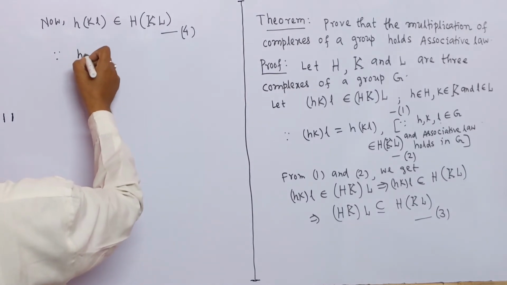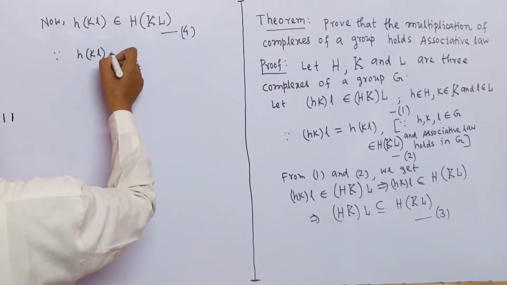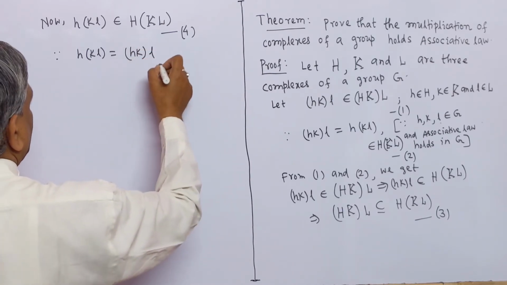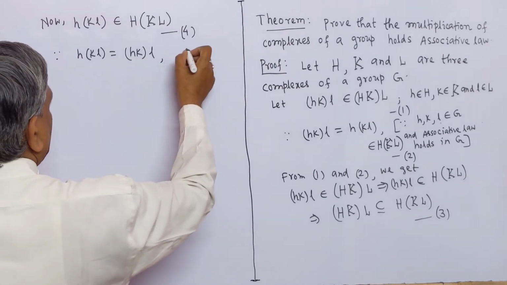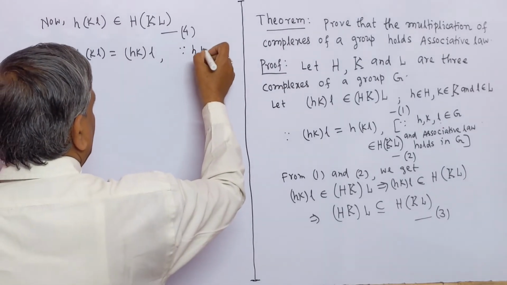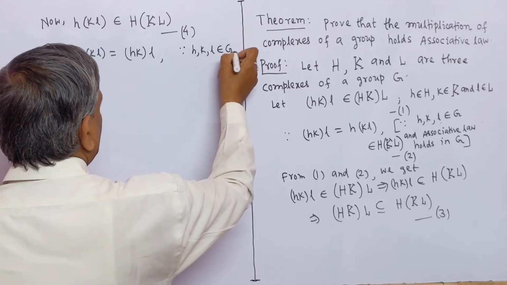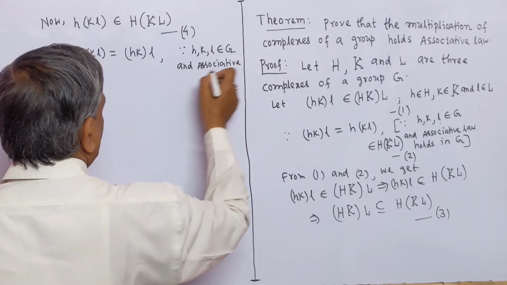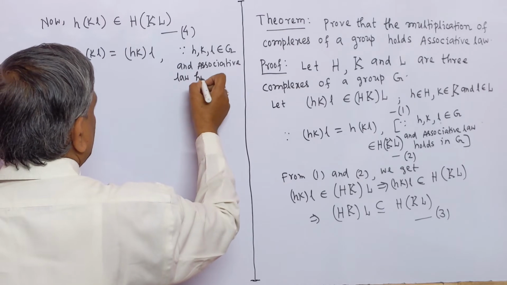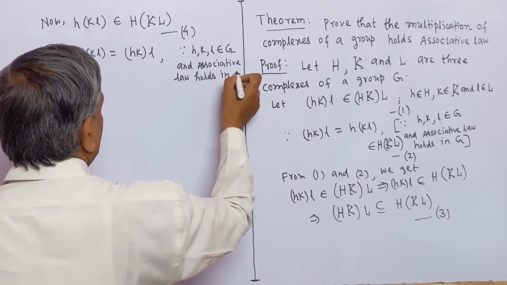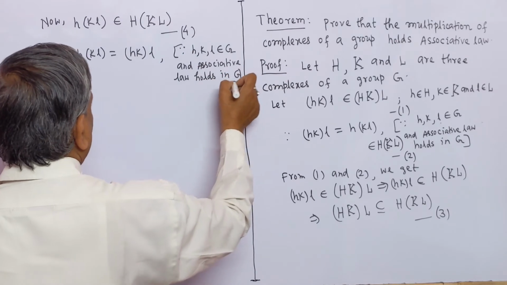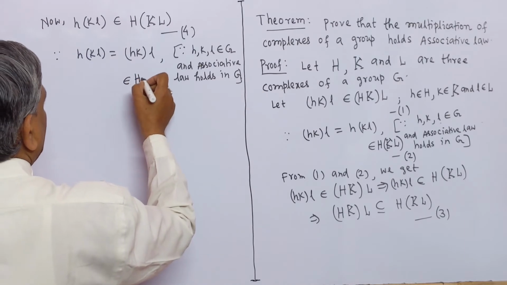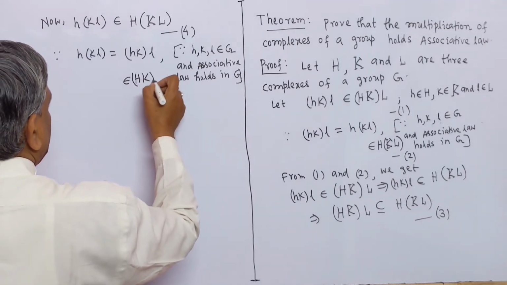Since h(kl) equal to (hk)l, since h, k, l belong to group G and associative law holds in G, and this belongs to (HK)L.